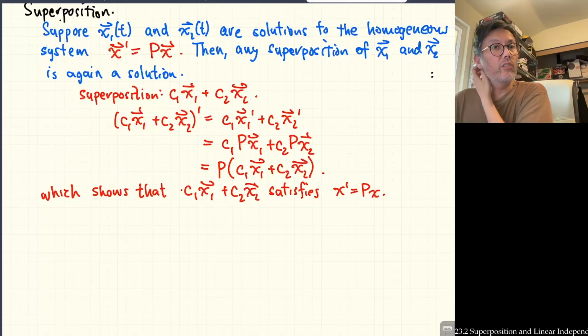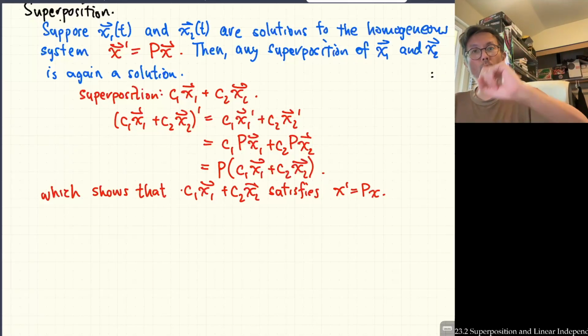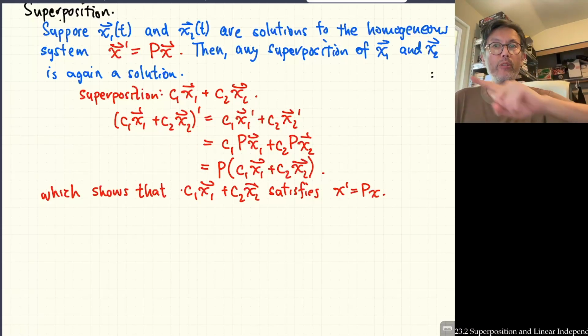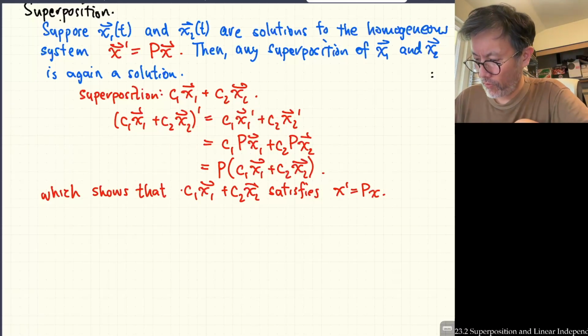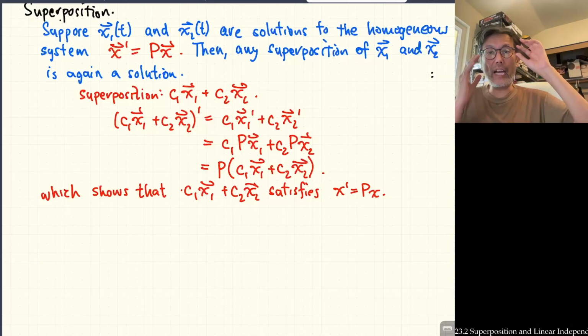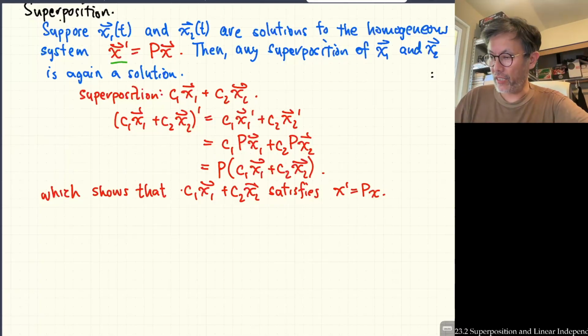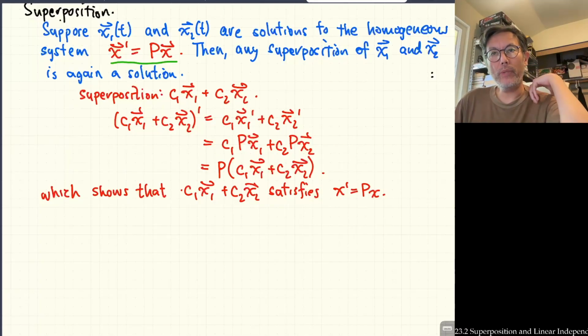Cool. So we have this nice superposition principle at work when we are working with homogeneous systems of differential equations. Nice. Now, the thing is that when we are working with something like x prime equals p x, we want to be able to obtain the entire set of solutions, all the solutions, the so-called general solution.